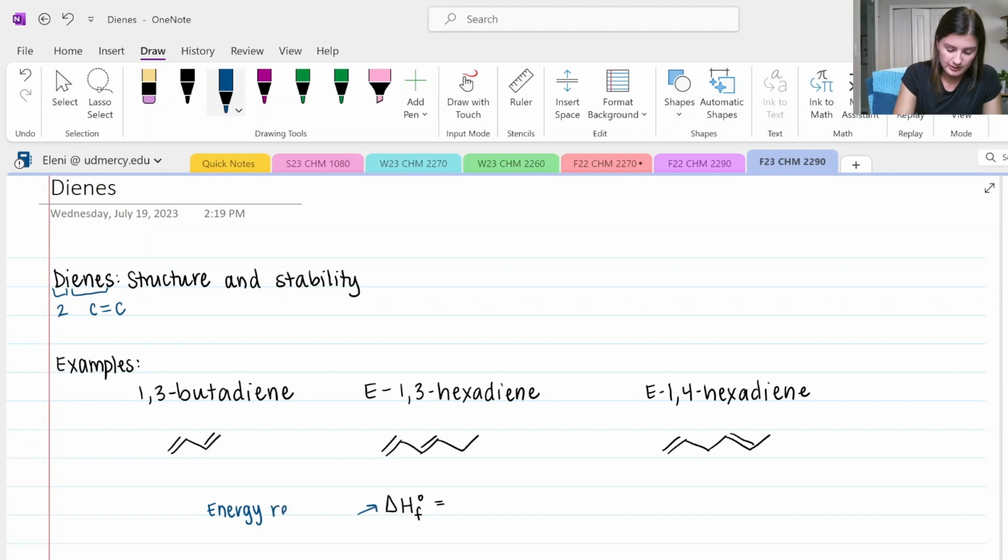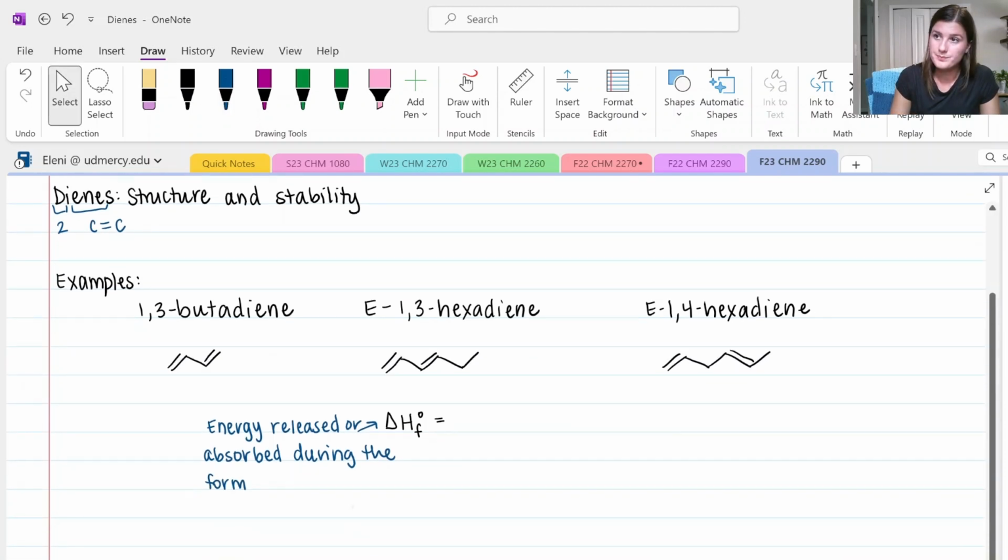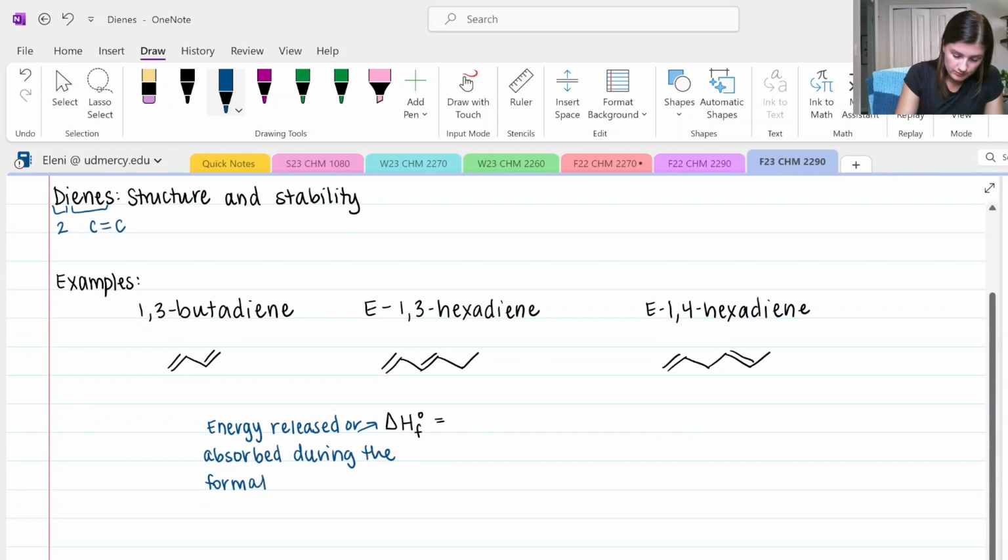So the energy released or absorbed during the formation of a pure substance from its elements.